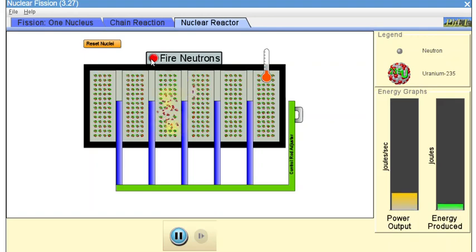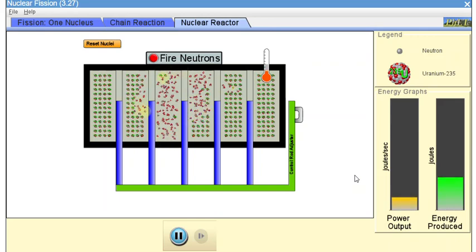And then there is a good chance that an extensive chain reaction occurs. You can see how now we have an increase in the amount of energy that is produced, because there are more collisions between the neutrons and the uranium-235.